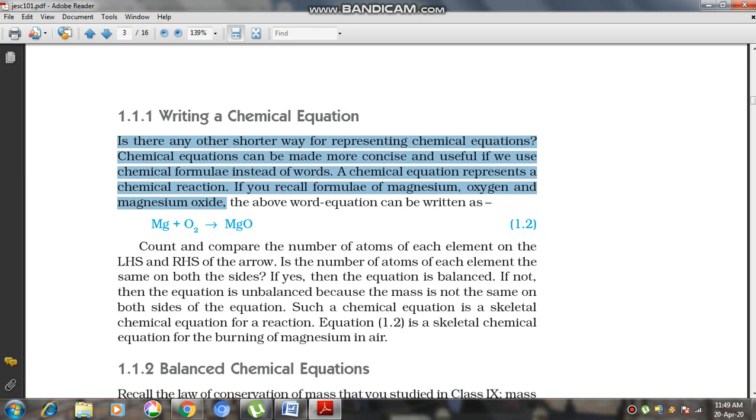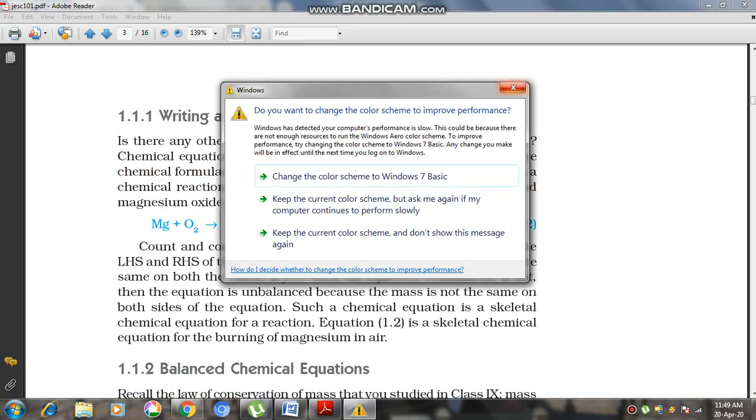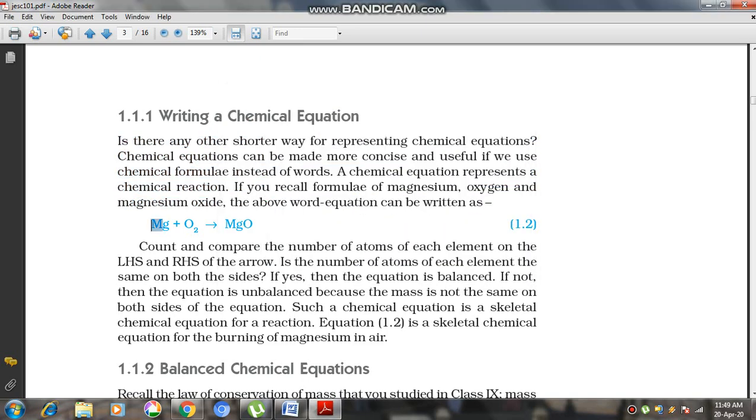A chemical equation represents a chemical reaction. If you recall the formulae of magnesium, oxygen and magnesium oxide, the above word equation can be written as follows. The formula of magnesium is Mg and the formula of oxygen is O2. The final product made by these two reactants is MgO, which is called magnesium oxide, the product of magnesium plus oxygen.